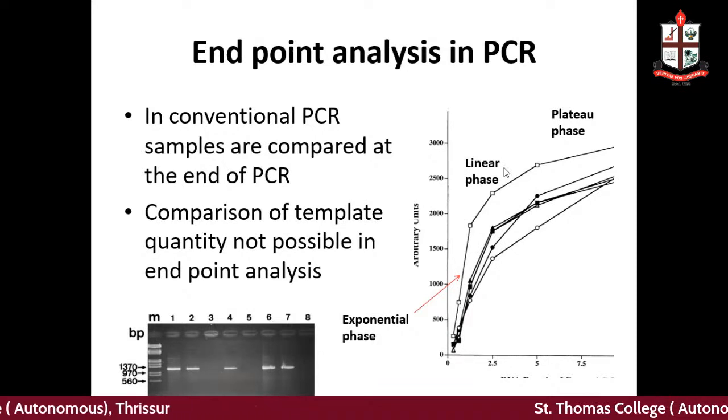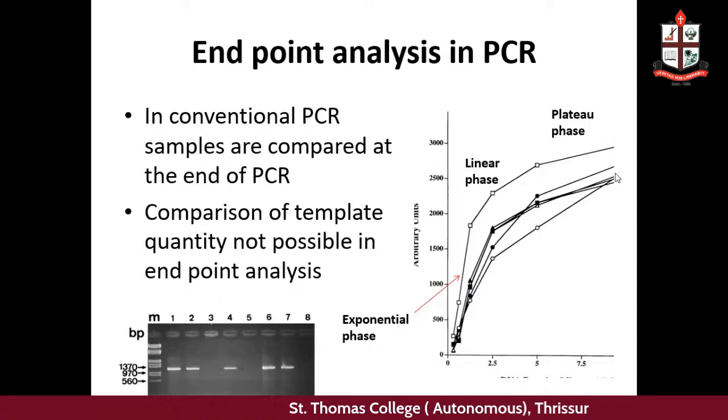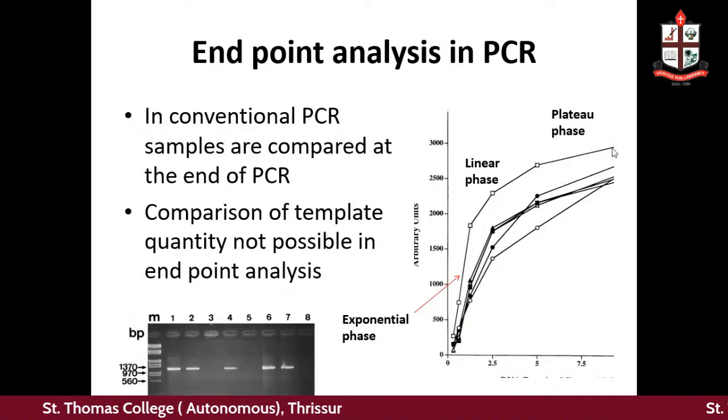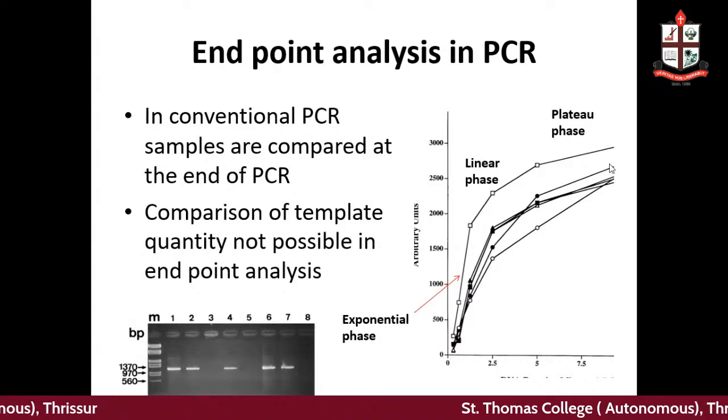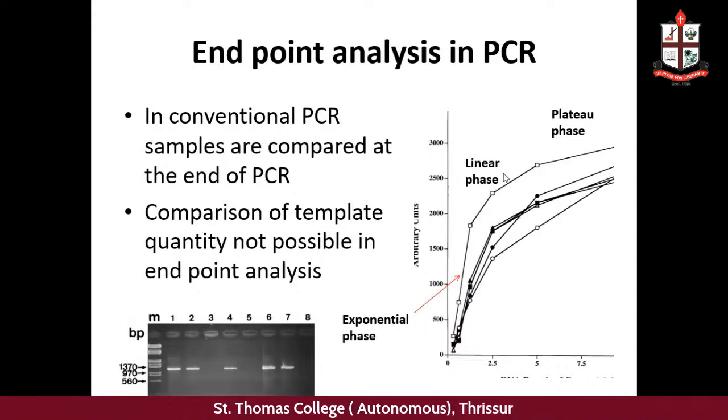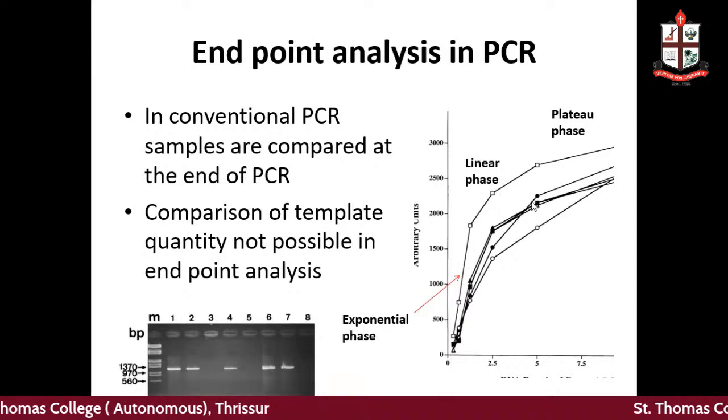In normal PCR, we are analyzing the PCR product at the end of the PCR, that is after 30 to 40 cycles. So here we are analyzing the product at the plateau phase. By this time, the reagents are getting depleted, and they need not get depleted in the same fashion in all the PCR tubes, in all the samples that you are comparing.